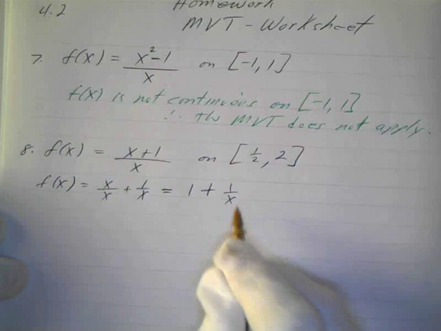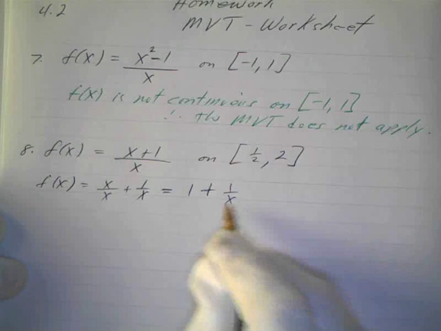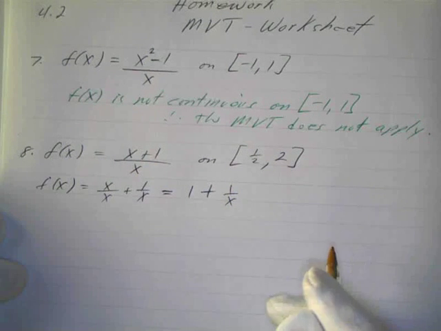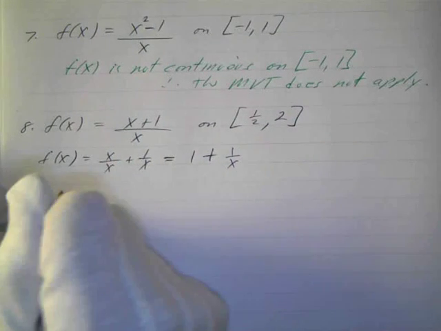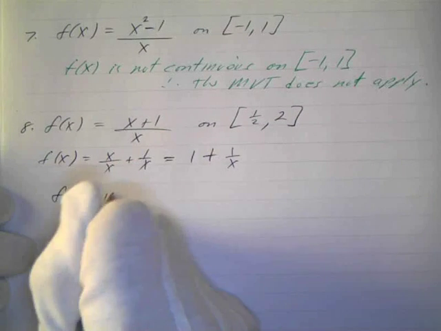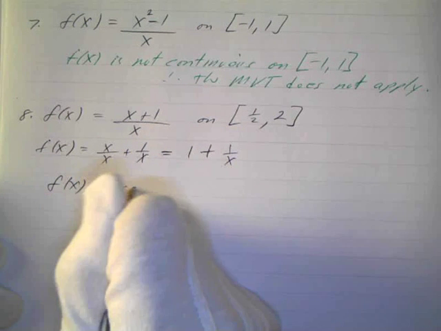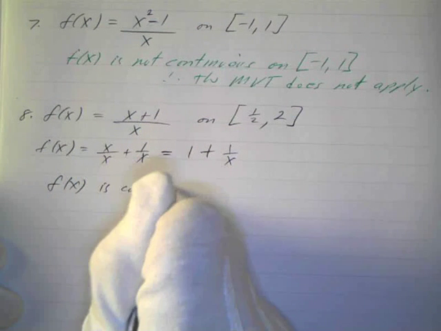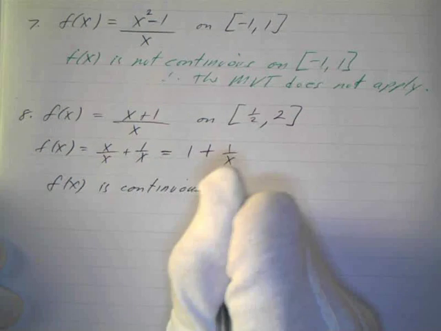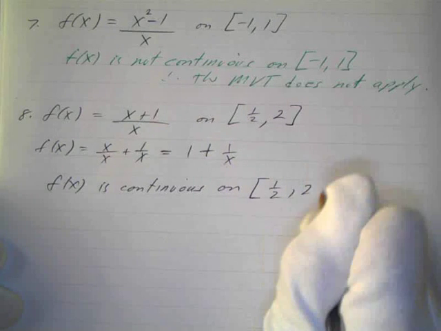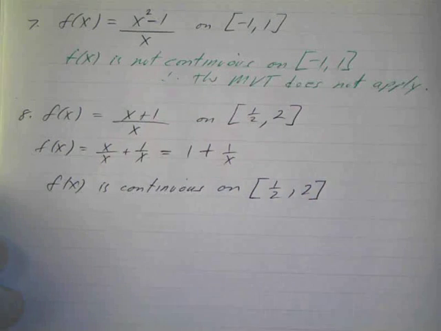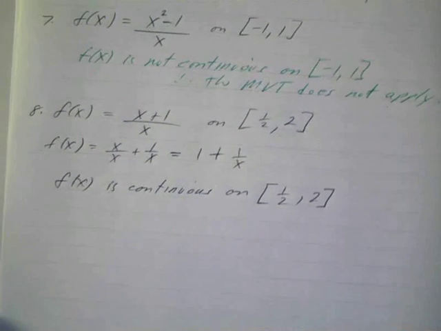So again, the only point where we have a discontinuity is when x is equal to 0. And 0 is not in the interval, so we can say that f of x is continuous on the closed interval 1/2 to 2, because again, the only place we have problems is when x is equal to 0, and that's not in this interval.